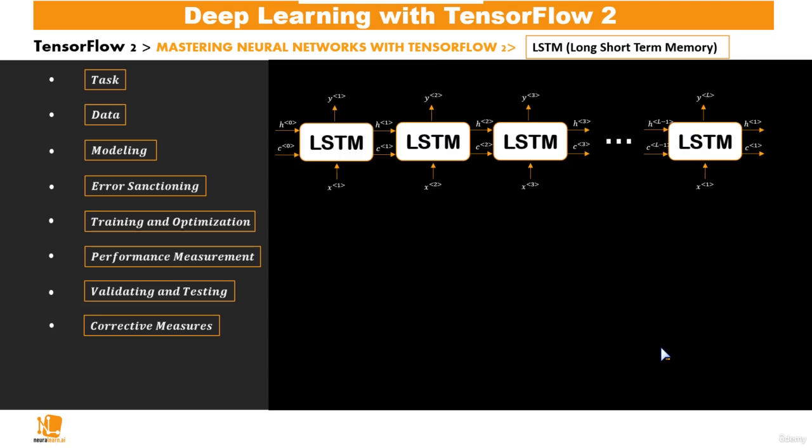Talking about LSTMs in practice, an LSTM layer is formed by stacking these LSTM cells together like this. So right here we have the input hidden unit, the cell unit, and then we have this output hidden unit and output cell unit. Recall that this output is the same as this, and then we have this input.